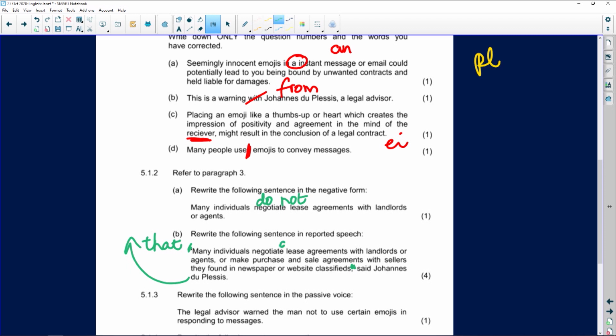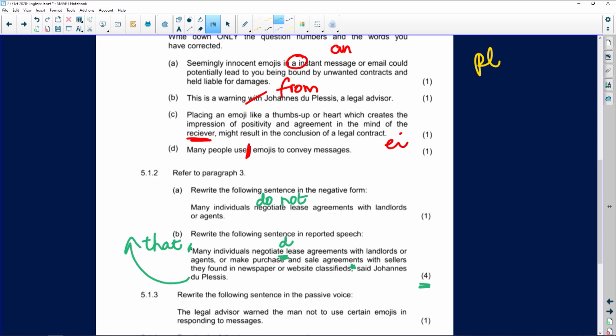Many individuals negotiated, change the verb, lease agreements with landlords or agents to make purchase and sale agreements with sellers they found in newspaper or website classifieds. 4 marks. Oh my gosh, I wonder where my 4 marks are coming from. What have I got?